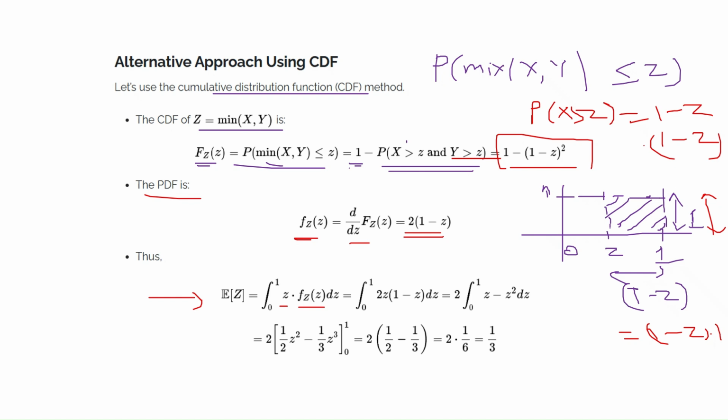This gives us z times 2 times 1 minus z. The 2 comes out of the integral. We have z minus z squared dz. This gives us z squared by 2 minus z cubed by 3. The constant part is outside. Putting in the limits, we get 2 times 1 by 2 minus 1 by 3, and this is equal to 1 by 3. So these are the two approaches to solve this question.